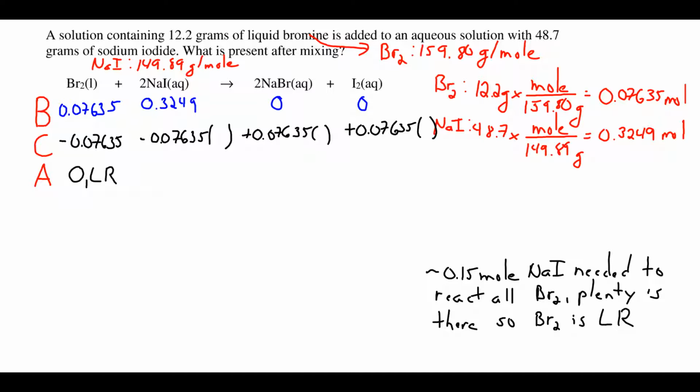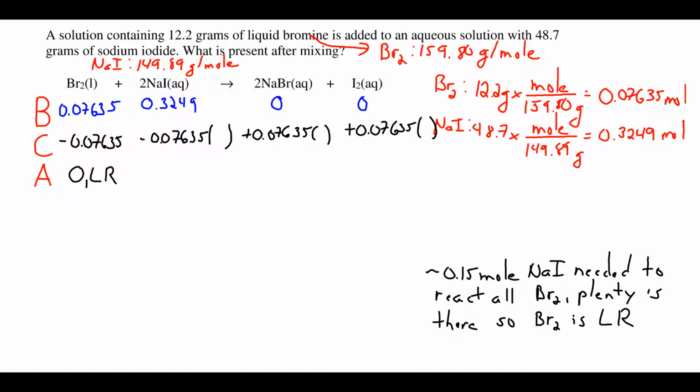All right, so if we lose all of our limiting reagent, we're going to lose that amount of our other reagent multiplied by some mole-to-mole ratio, and we gain that same amount of each of our products, although we need to note what that mole-to-mole ratio is.